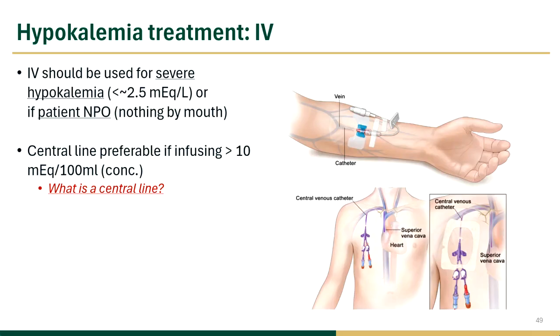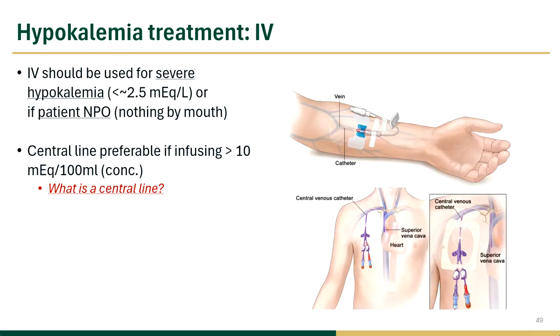Did y'all talk about central versus peripheral IV access? Okay, I didn't know, so that's why I put it in here. What is a central line? Central venous catheters typically go directly into the inferior or superior vena cava, which is a large blood vessel in the venous system. The peripheral line goes into a small blood vessel.